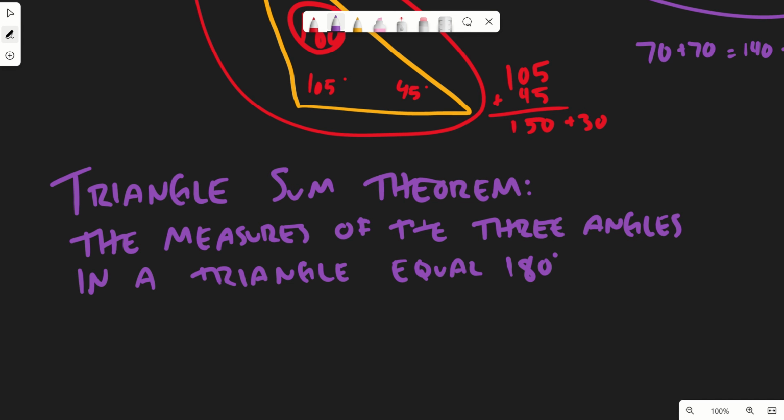Triangle sum theorem. Yeah, that's hard to say fast. All the angles measure up to equal 180 degrees.